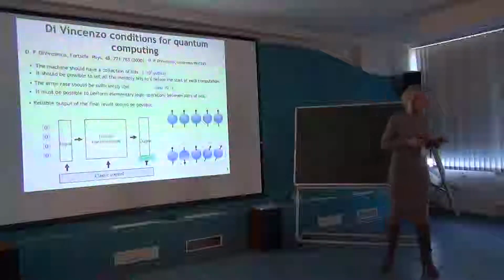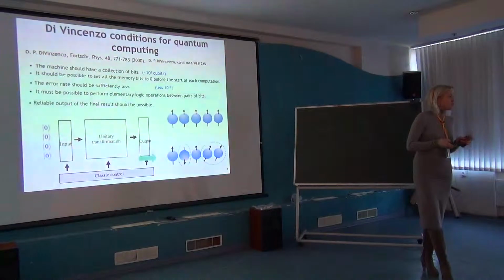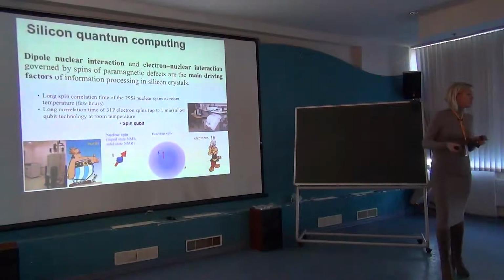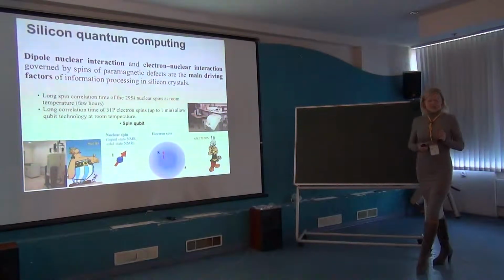So more or less, all of these rules can be satisfied in silicon crystals, because of the long spin correlation time of nuclear spin in silicon-29. It's just one isotope of silicon which has a nuclear spin. Silicon has 3 isotopes and just one has nuclear spin.